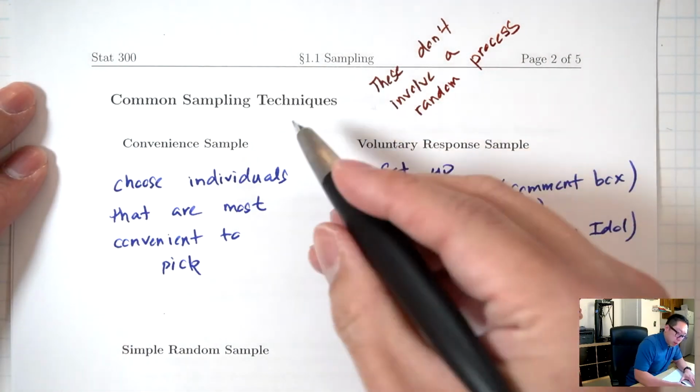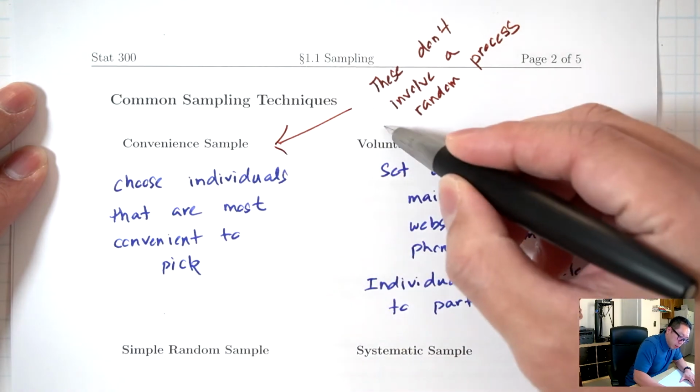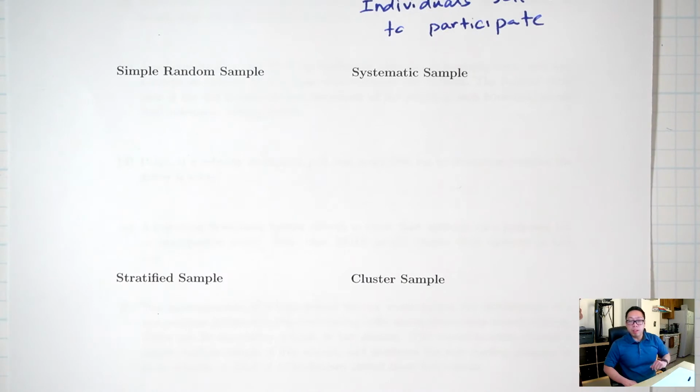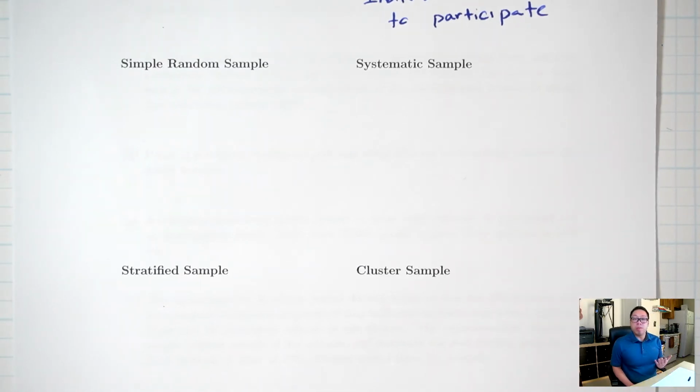And that distinguishes them from these bottom four, because all four of these will involve some sort of random process. And why is that important?